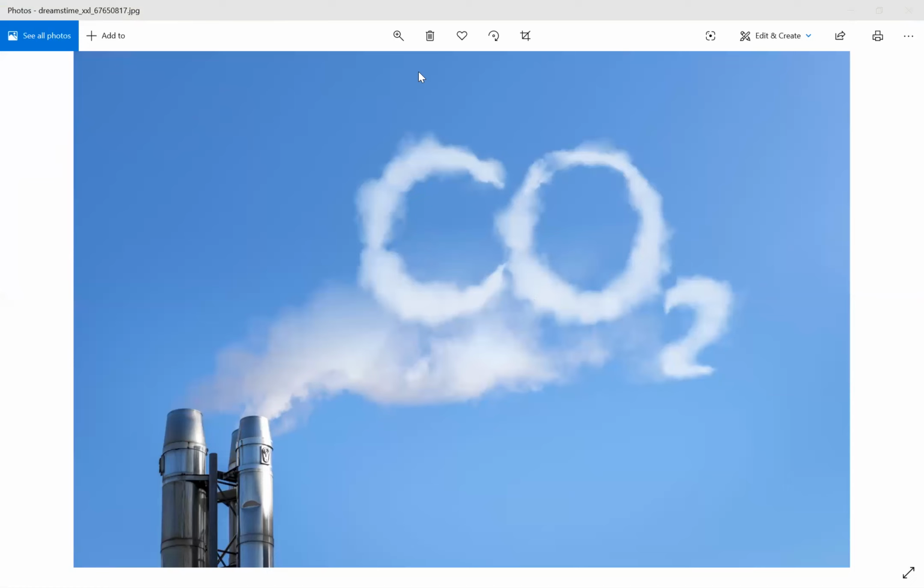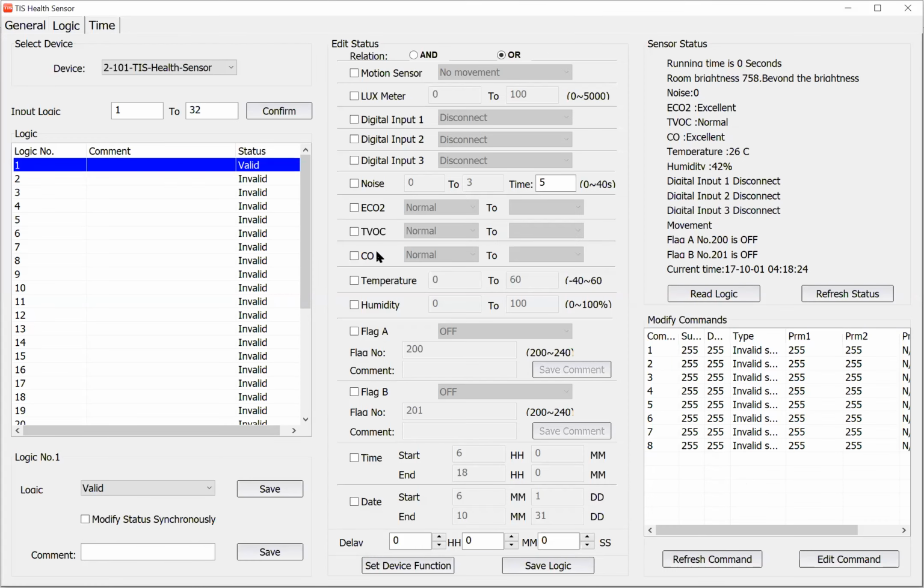Okay, the next thing in the health sensor is VOC. VOC is the smell of some things, such as chemical things. For example, when you paint your room, you smell the paint, and it's a chemical.